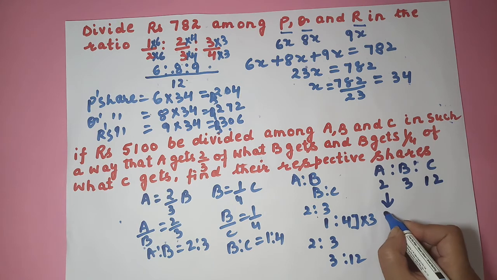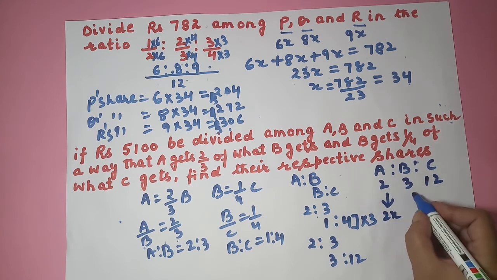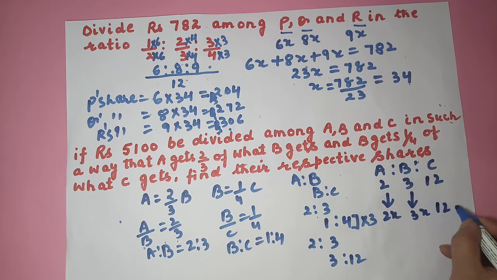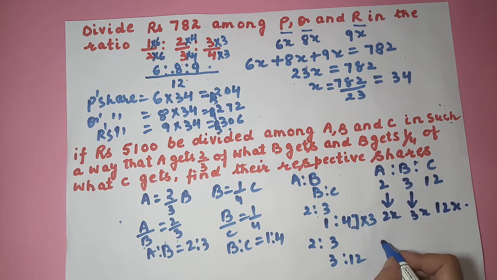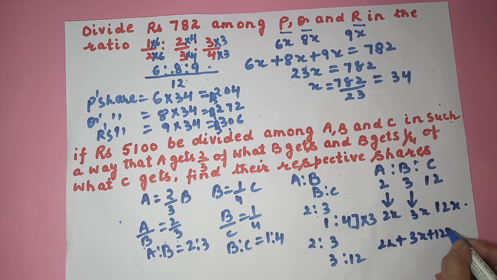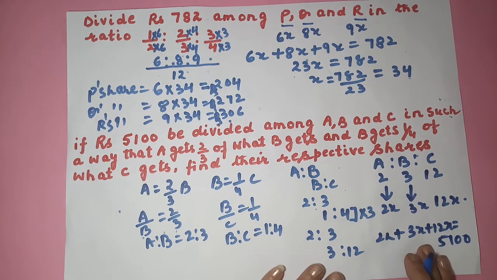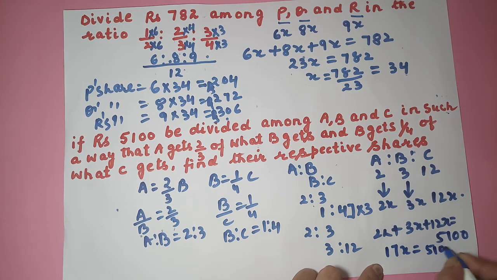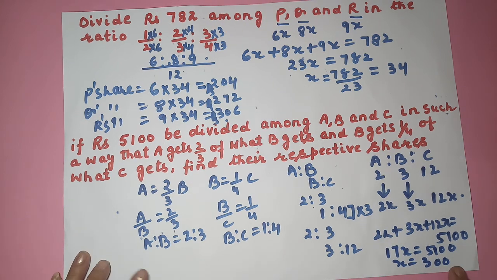So let the share of A be 2x, share of B be 3x and share of C be 12x. So 2x plus 3x plus 12x is equal to 5100. So 2x plus 3x is 5 plus 12 is 17. So we got 17x equal to 5100. So x is equal to 300.